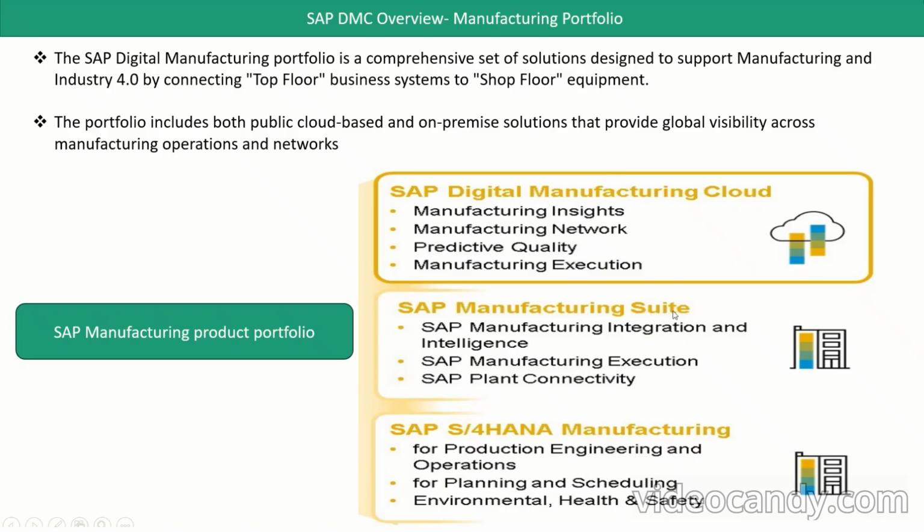SAP Manufacturing Suite is our on-premise product that you can install on-premise, which includes SAP Manufacturing Integration and Intelligence, SAP Manufacturing Execution, and SAP Plant Connectivity. These 3 products are collectively known as SAP Manufacturing Suite, and this product can also solve your manufacturing execution related requirements.